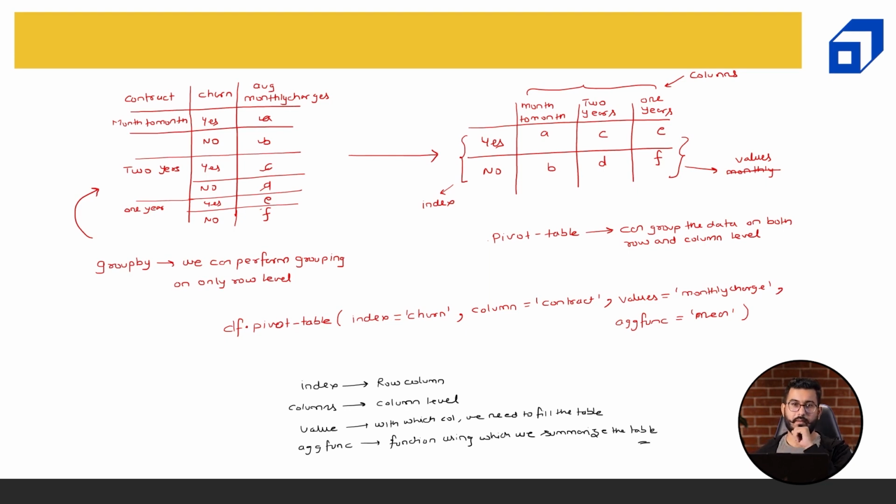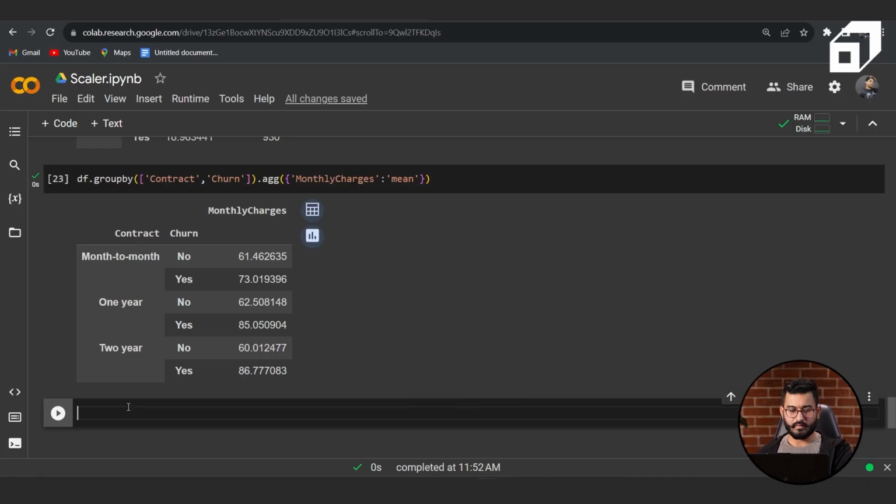Now let's try to apply it in the data frame. So let's try to convert this row aggregated table into a pivot table. Df dot pivot underscore table. On the index I want to keep the column churn.